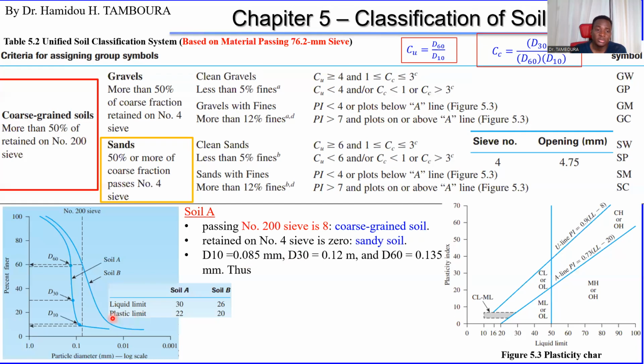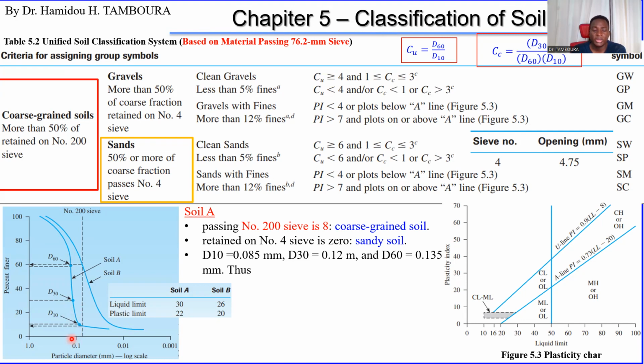D30, 30 is in the middle here. If we project on the curve, maybe it will be around 0.12.